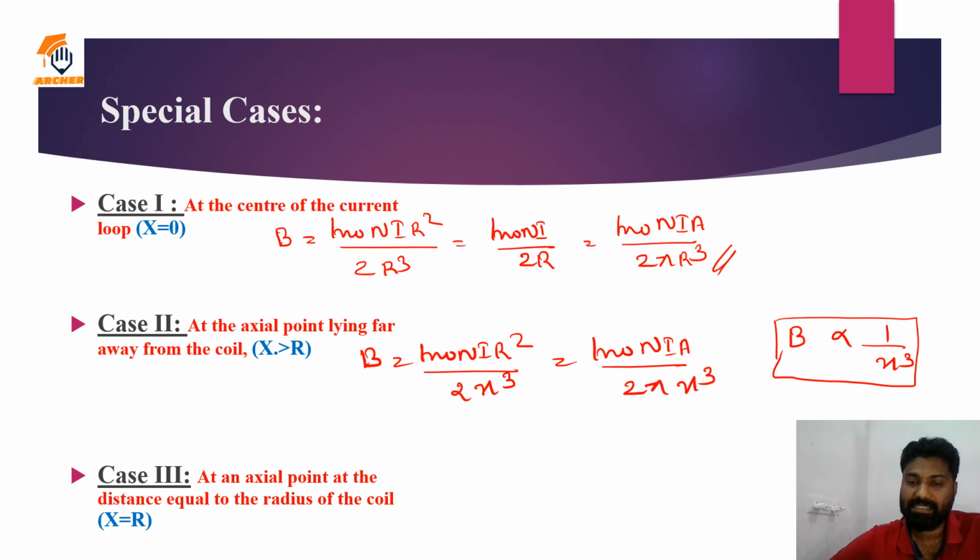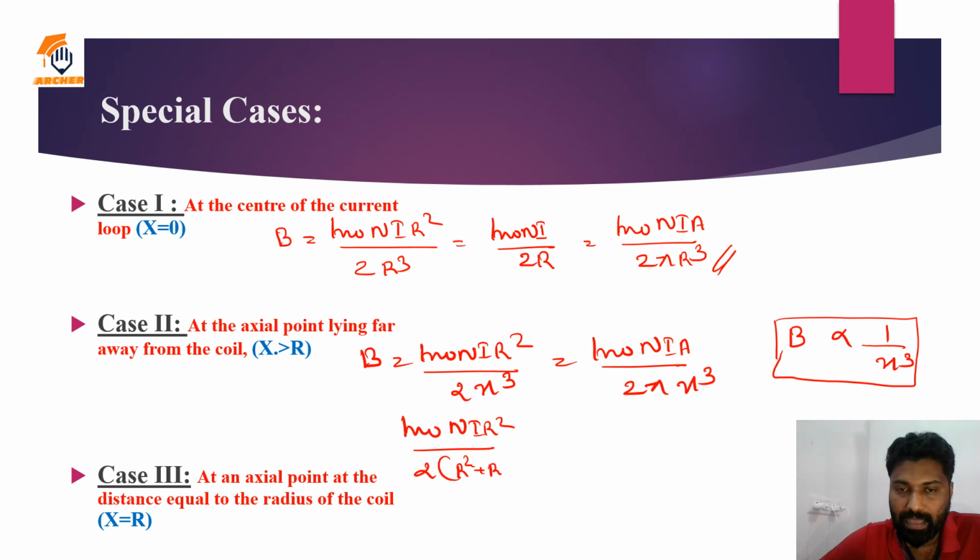Next is case 3. At an axial point at the distance equal to the radius of the coil, x is equal to r. So what will happen there? Instead of x we can substitute r. So it will be mu 0 n I r square divided by 2 into r square plus r square the whole raised to 3 by 2.